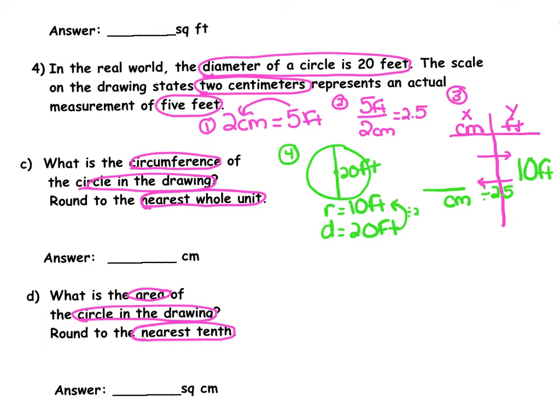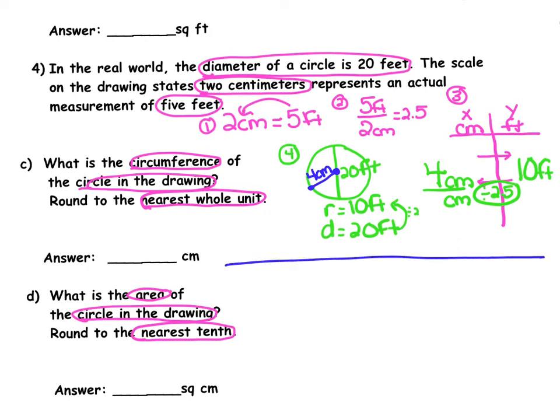Take a moment, grab your phones. 10 divided by 2.5. You should have gotten a measurement of 4 centimeters. That's the radius length that we're going to use in each of the formulas. So on paper, our radius measures 4 centimeters.